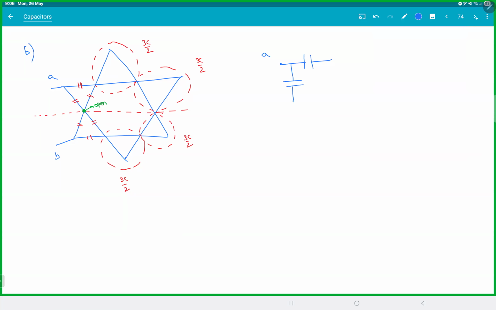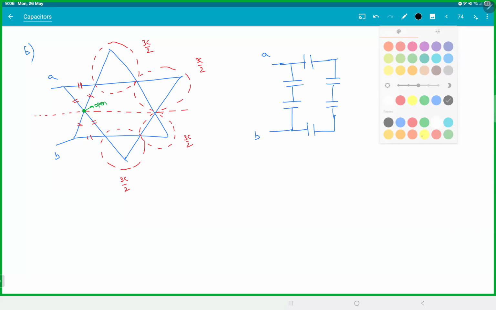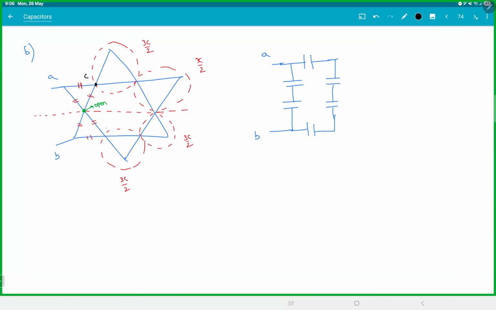We have one capacitor, and this is connected to B. I can't make this one triangle because nothing is in series here. Then we got a capacitor there. So I'll name the junctions for you. Let's call this C and let's call this D. So this is junction C and this is junction D.